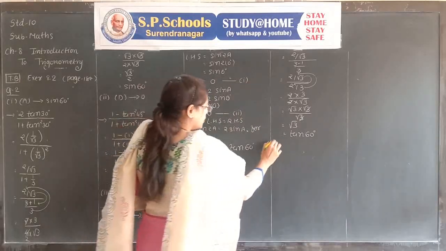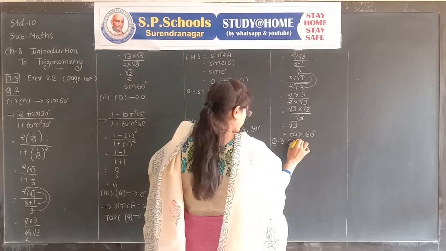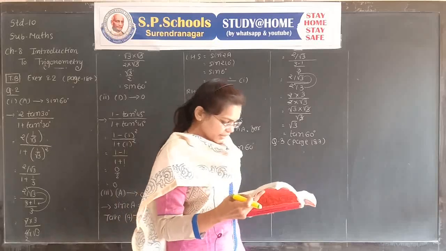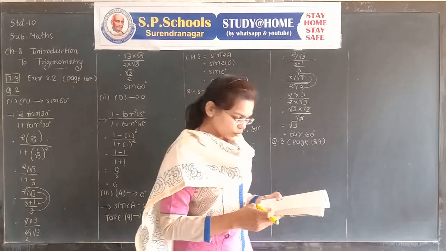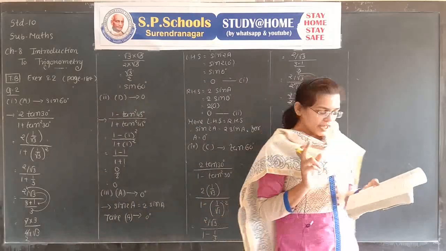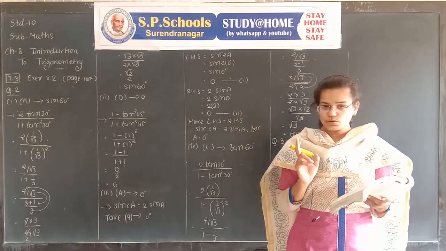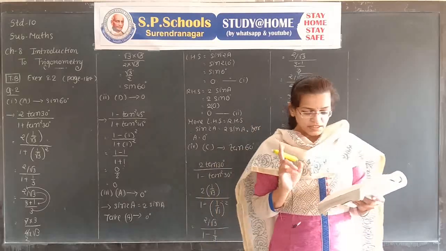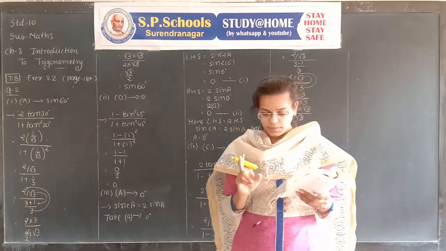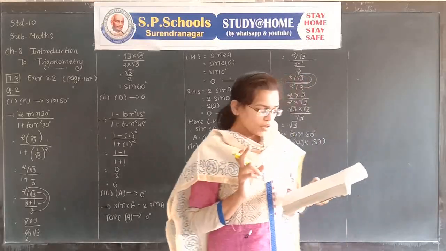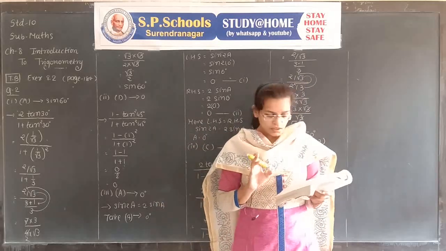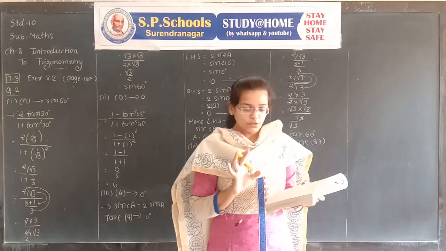Now we discuss the third question on the same page, page 187, and it is exactly related to example number 8. If tan (a plus b) is equal to root 3 and tan (a minus b) is equal to 1 upon root 3, 0 degree less than a plus b less than or equal to 90 degree, a greater than b, find a and b. 0 less than a plus b less than or equal to 90 degree is the condition, and a greater than b is for our answer.